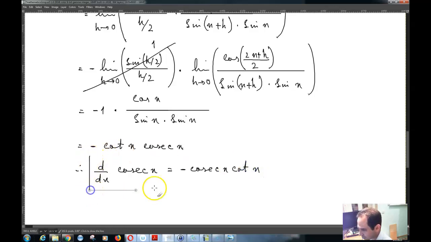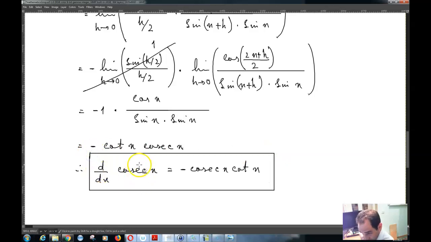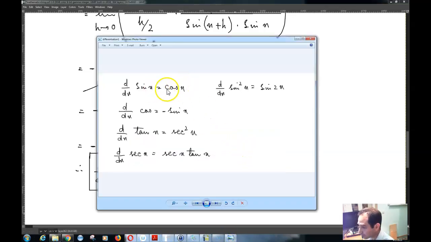That is one more part of those formulas that we were looking for. So far we have d by dx of sine x, cos x, tan x, secant x, and cosecant x.